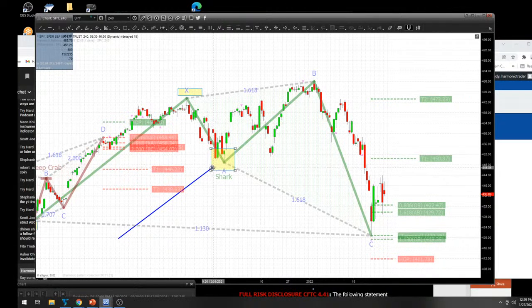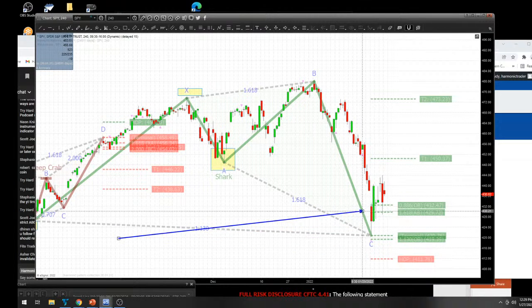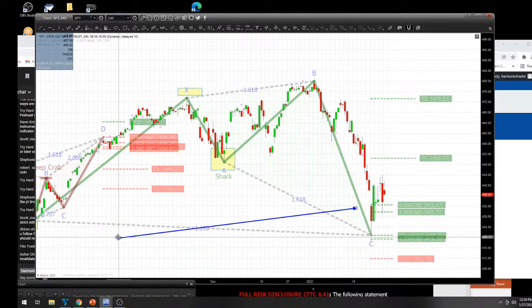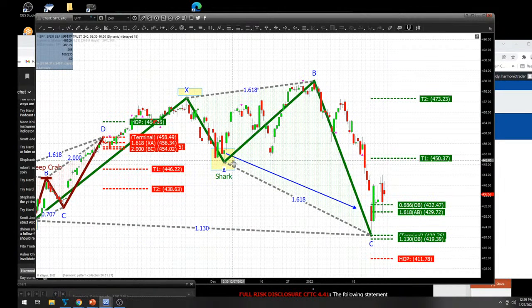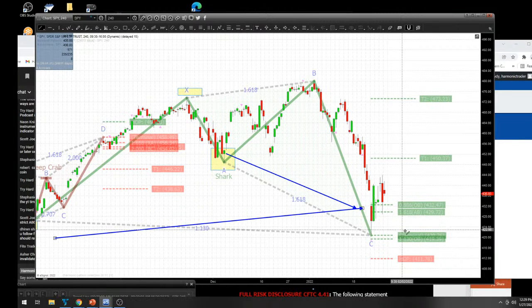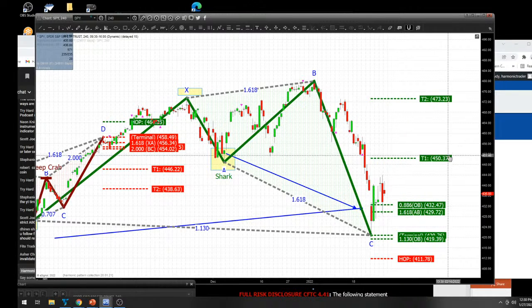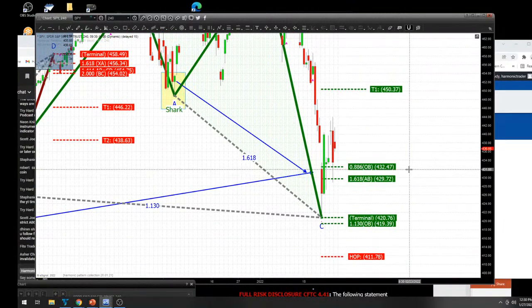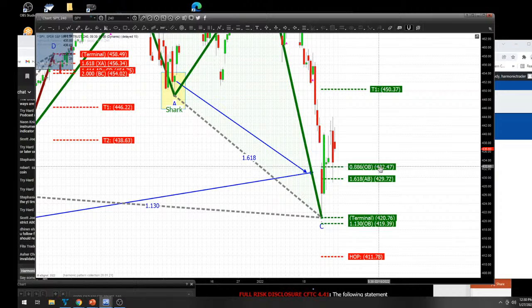If your A point doesn't line up properly, your zone is usually going to be skewed here, where we know we need an AB 1.618 minimum. So this extension has to be a 1.618 minimum. And then your retracement of your 0 to X point, we know that has to be minimum 886. But what happens? You have the shark, but take a look at where it comes into play. Your 886 is the first number in the bullish zone.